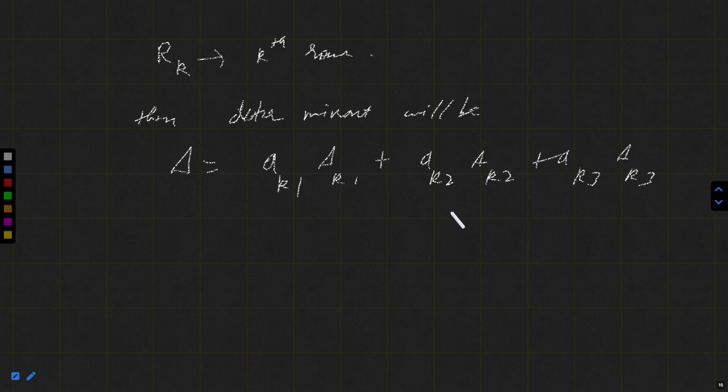So we are talking about here a 3 cross 3 matrix. Okay, clear?